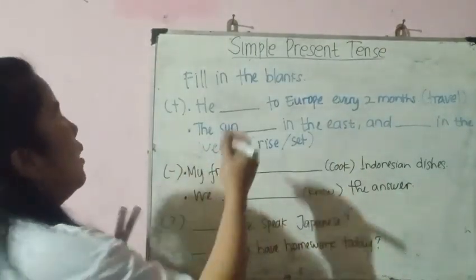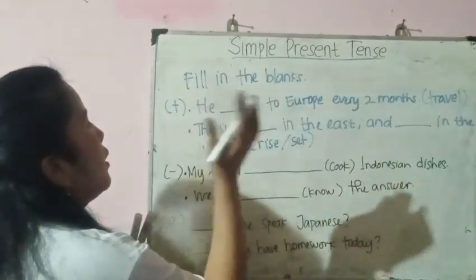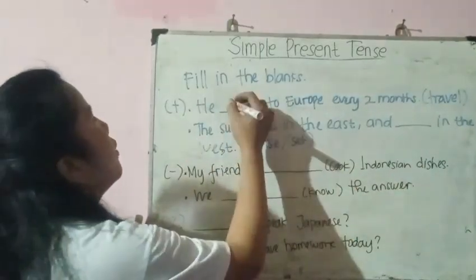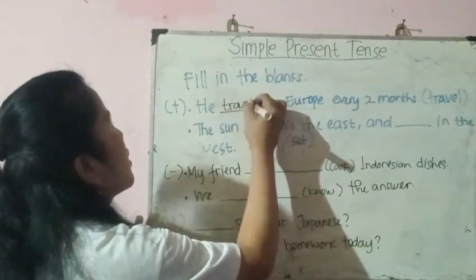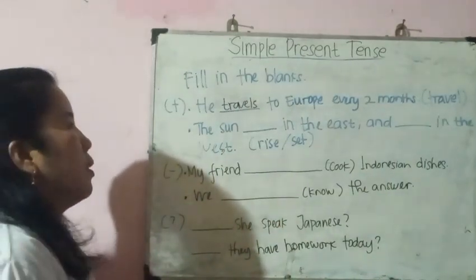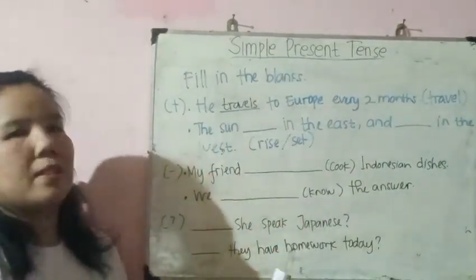We fill in the blank with the answer. Travel becomes travels. Okay, next. The sun in the east and in the west.